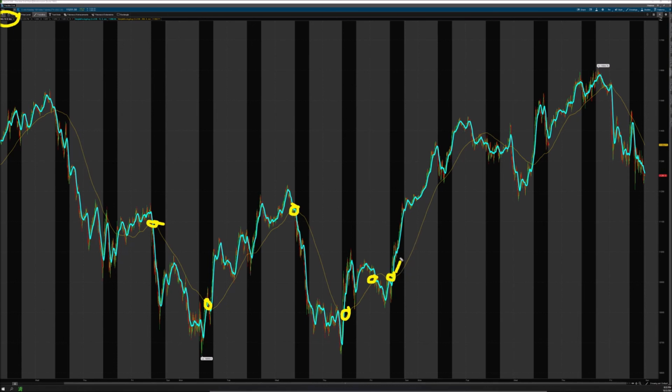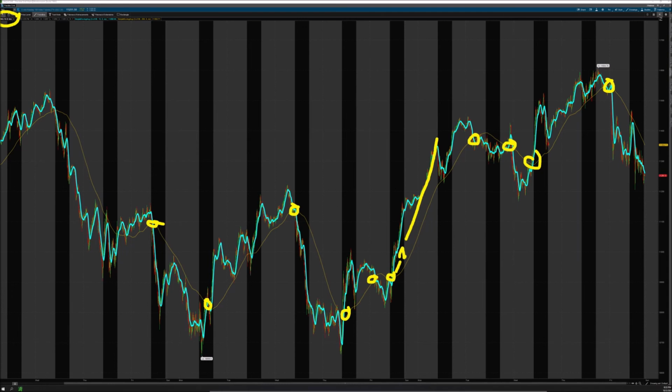You could have taken long here, and look at all that capital you could have gained. Then you could exit there. Could have short here, could have long there. This is just the basic. This is swing trading. It works perfectly with swing trading.